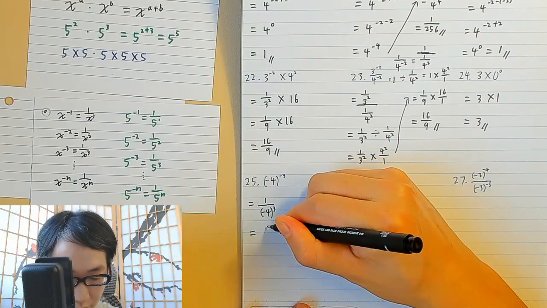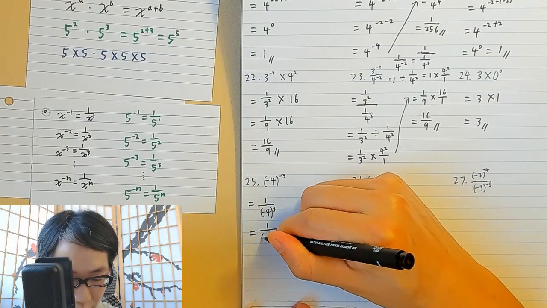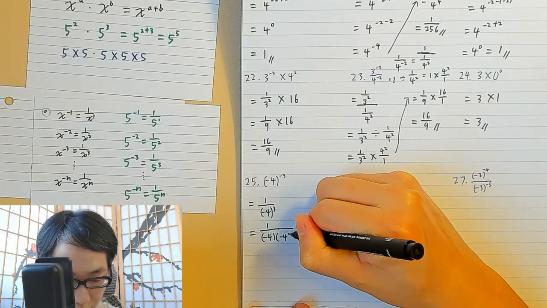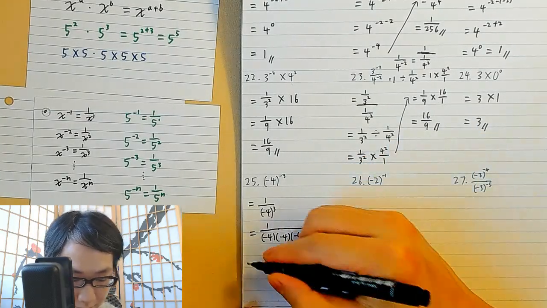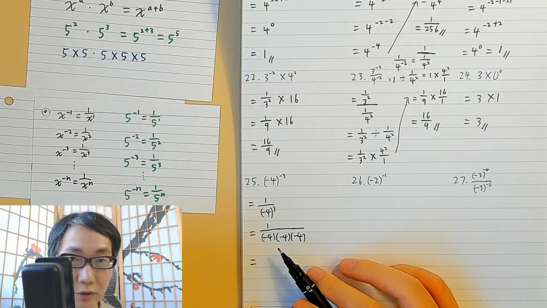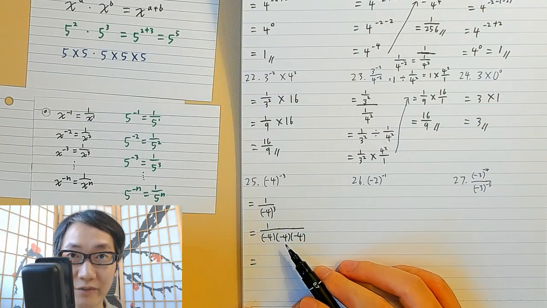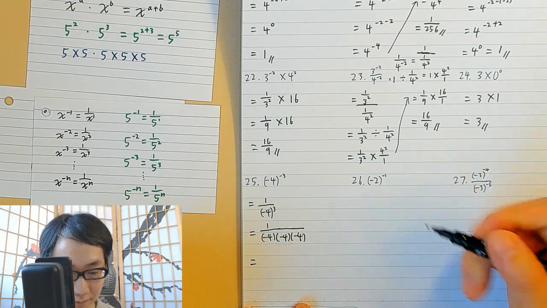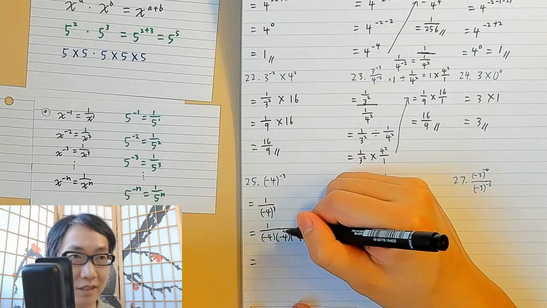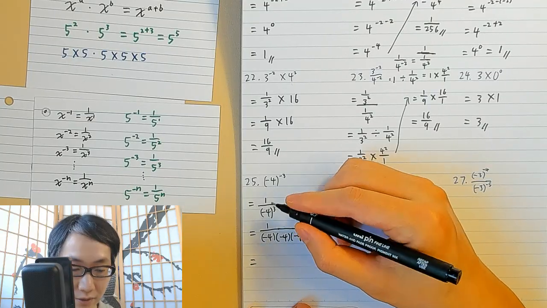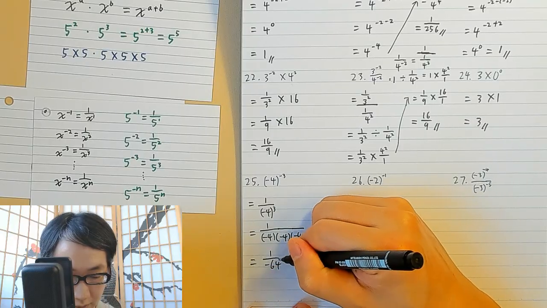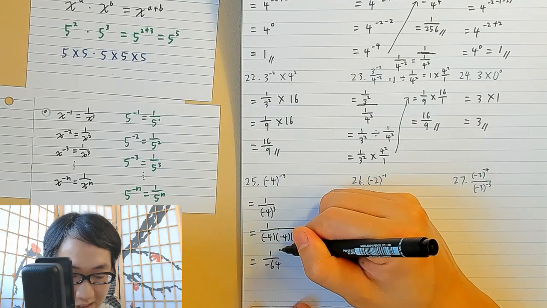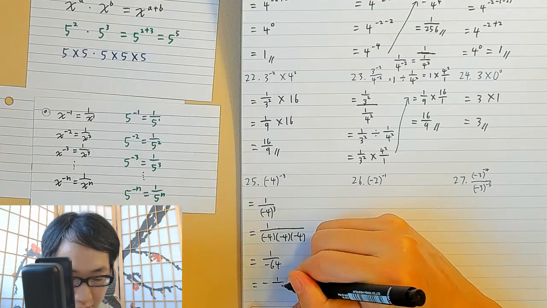And we have 1 over -4 times -4 times -4. So 3 negative numbers multiplied together, an odd number of negative numbers multiplied together, we should get a negative number. And 4 times 4 is 16, 16 times 4 is 64. So we have 1 over -64. And if one of the numerator or denominator is negative, then the whole fraction is negative.